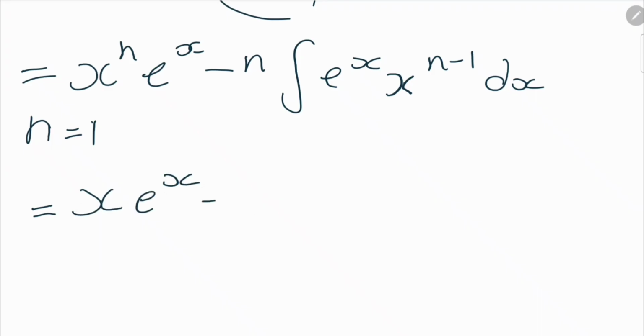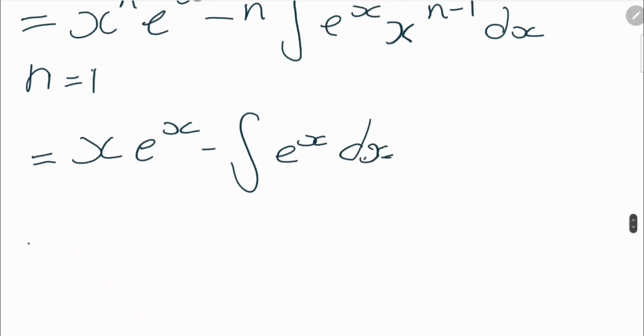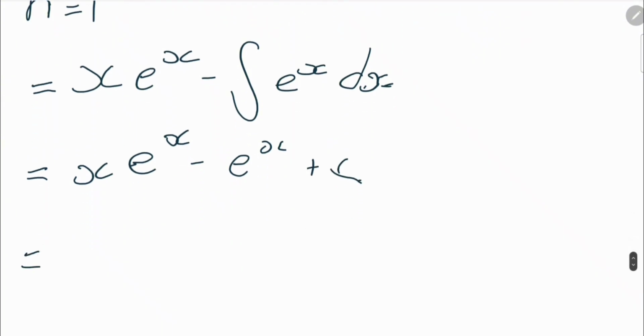Minus the integral of e to the x times x to the 0, which is just 1, so we don't need to write it down, dx, which equals x e to the x minus e to the x plus c. Okay, so we can factor this because both expressions contain e to the x, and then just add the constant of integration.